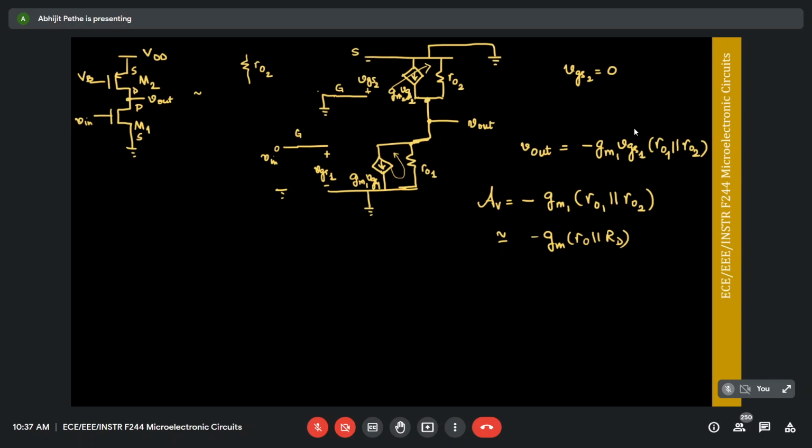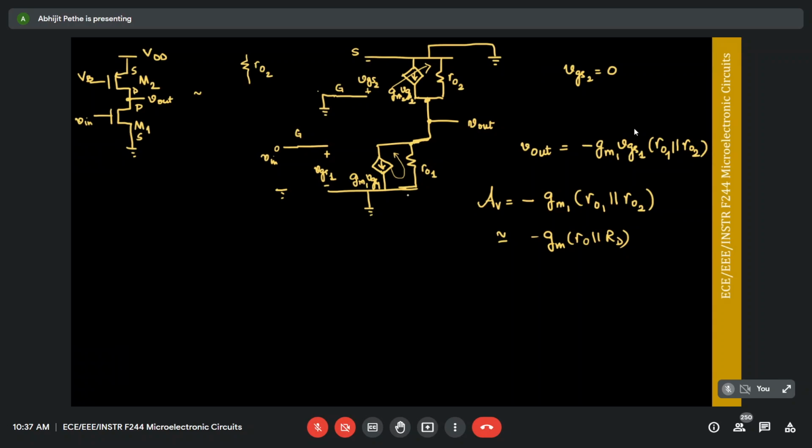It is nothing but gm1 times vgs1. So the net voltage at the output is going to be minus gm1 times ro1 parallel ro2 times vgs1. So gm1 vgs1 is the current flowing through the parallel combination of ro1 and ro2, and therefore the gain is just given by this.